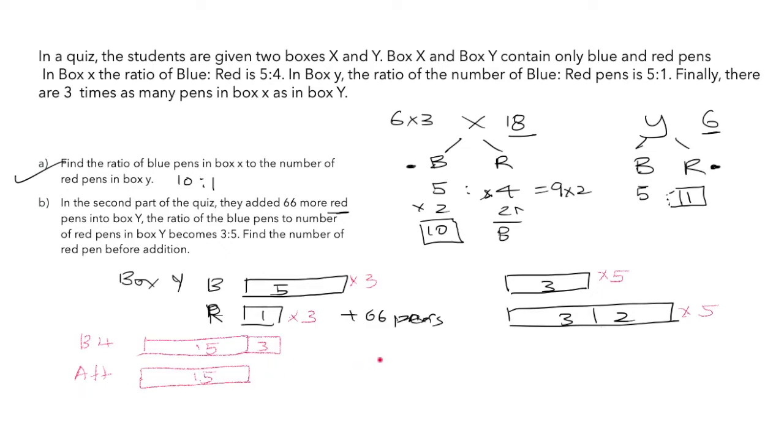My red pen actually becomes 25, because 5 times 5 is 25. And this is the 66 pens that I add in. How many units is this? This is 22 units. I have 22 units equals 66 pens.